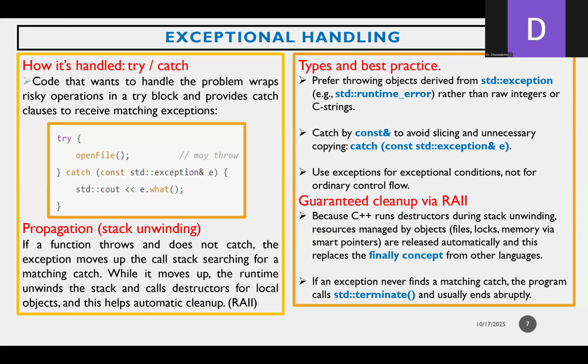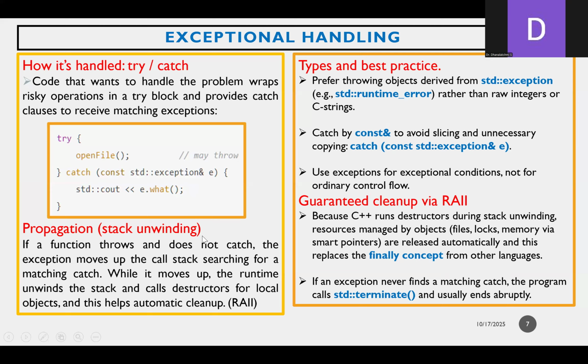Coming to propagation, that is stack unwinding. Your function throws an exception but does not catch it. Then the exception moves up the call stack looking for a matching catch. While moving up, the local objects in each function are destroyed automatically. This process is called stack unwinding.